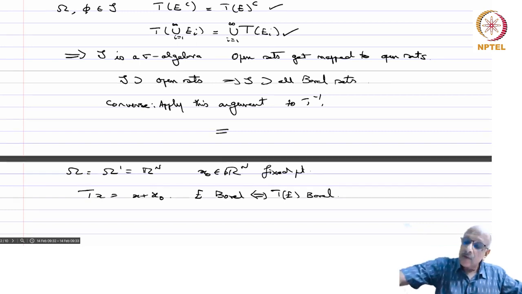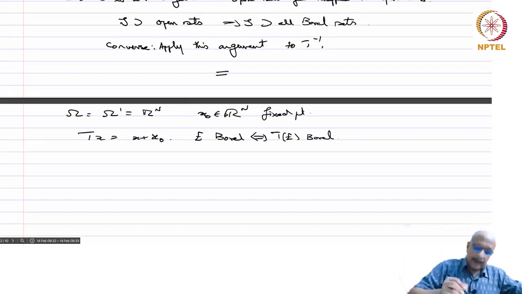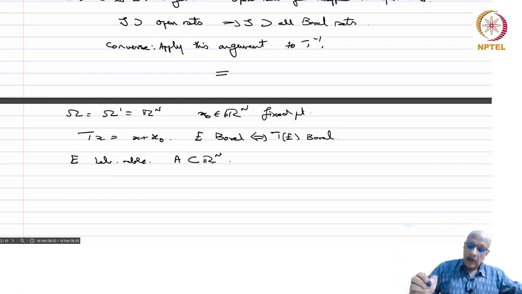Okay, so now let E be Lebesgue measurable and let A be contained in Rn. We want to show that T(E) is also Lebesgue measurable.